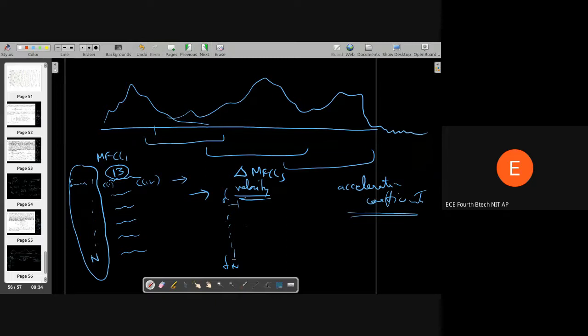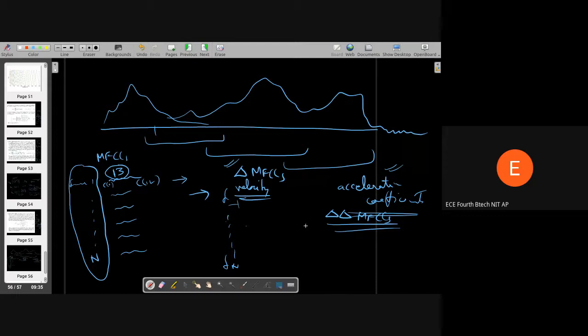Now, once you get your velocity coefficients, what is the rate of change of them? What is the change over time? We call that acceleration, or delta-delta MFCCs.